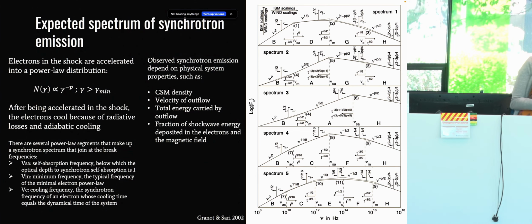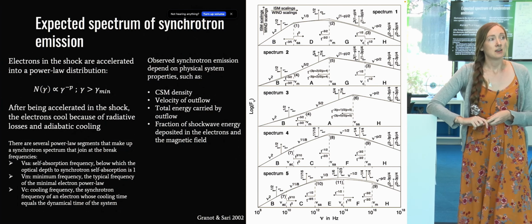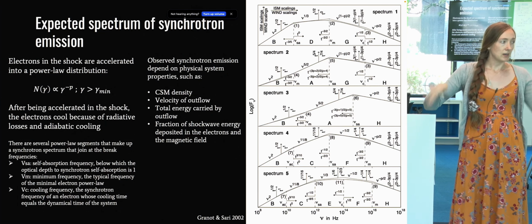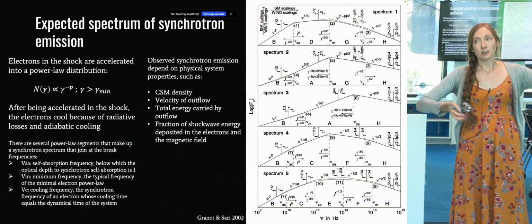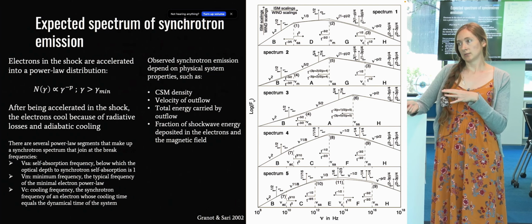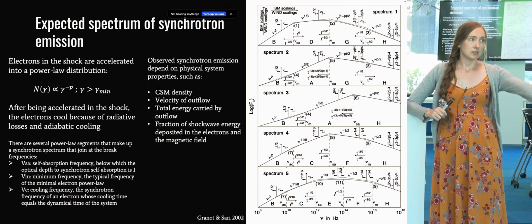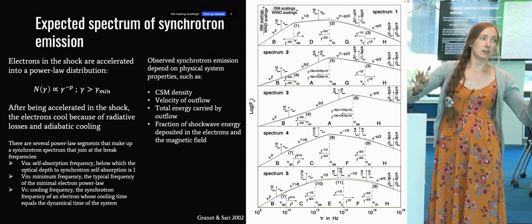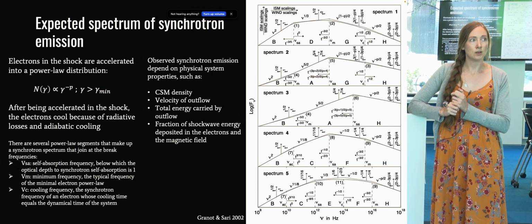But the other thing is that the observed synchrotron emission depends on the physical system properties, such as the density of the surrounding medium, the velocity of the outflow, the total energy carried by the outflow, and also the fraction of energy deposited in the electrons and the magnetic field. So some fraction of the total energy of the outflow is put into the electrons, some fraction is put into the magnetic field. That fraction depends on the physical system.